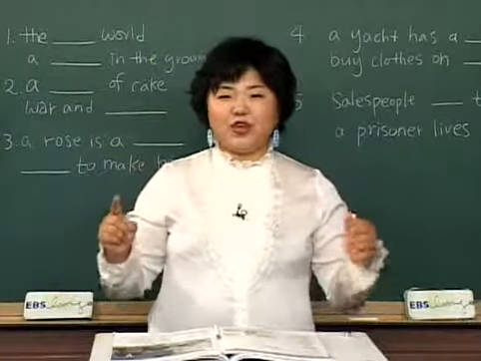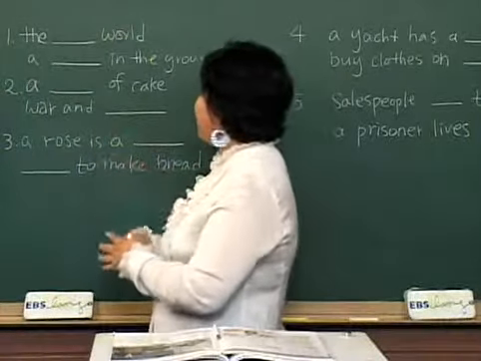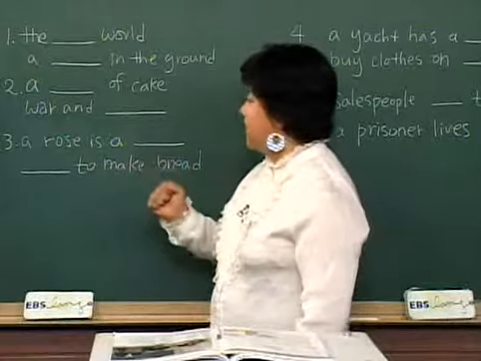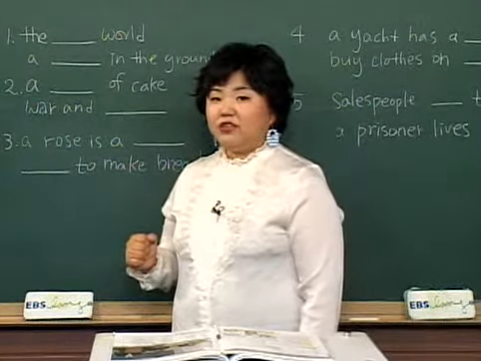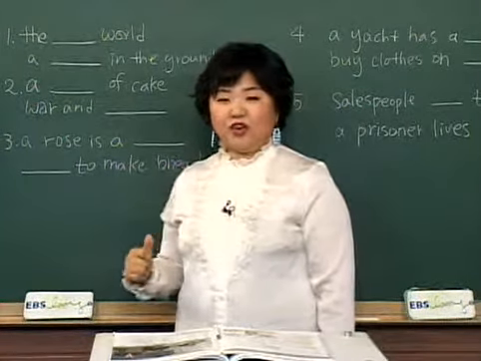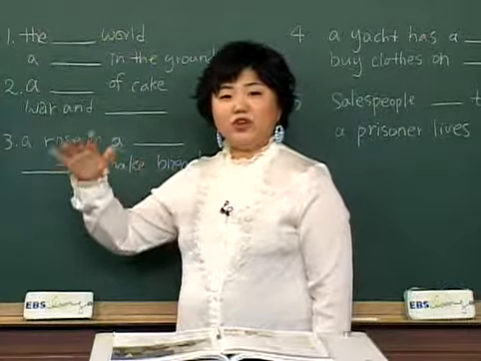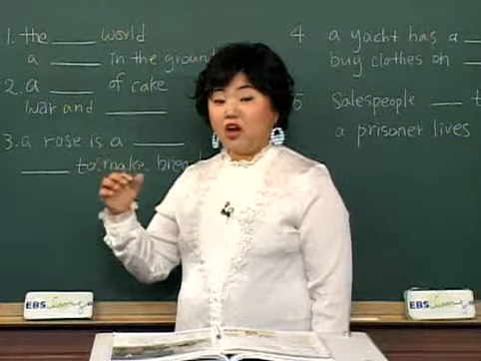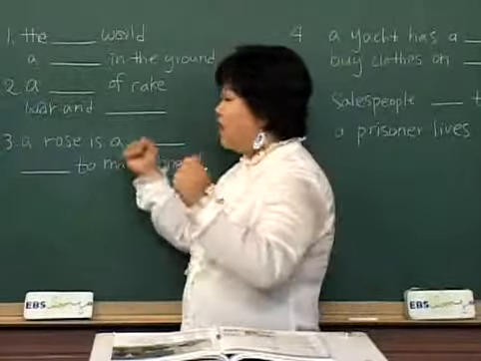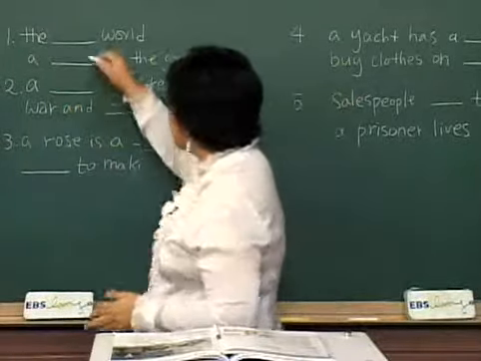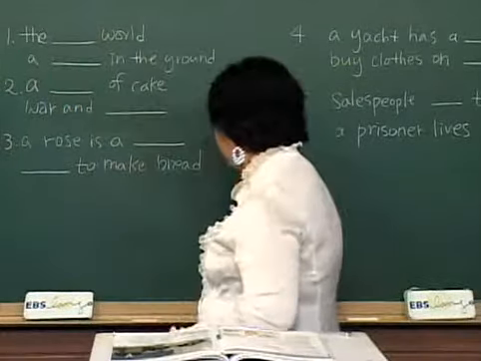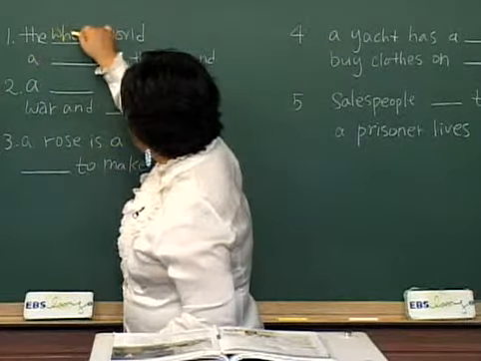Okay, now let's go to number 1. Okay, look at here. The world, the in the ground. Here, have you ever seen Aladdin? Aladdin 영화 보셨어요? 거기서 A Whole New World라는 그 노래 나오죠. A Whole New World. So, the whole world. Here, what you can put is whole.